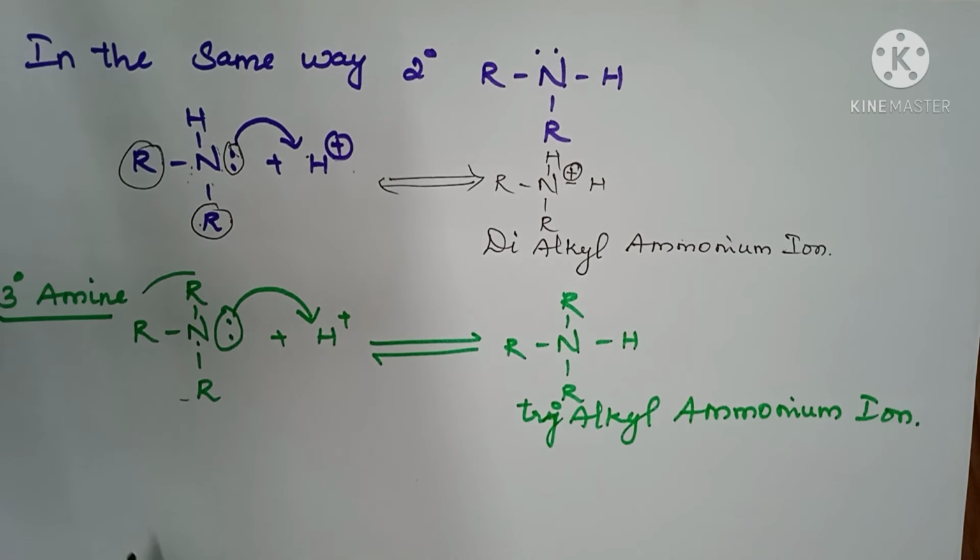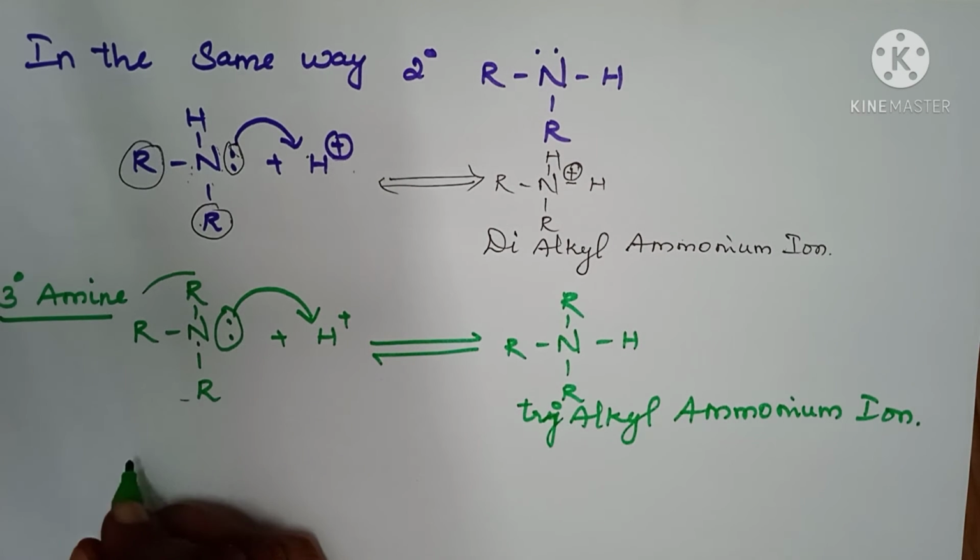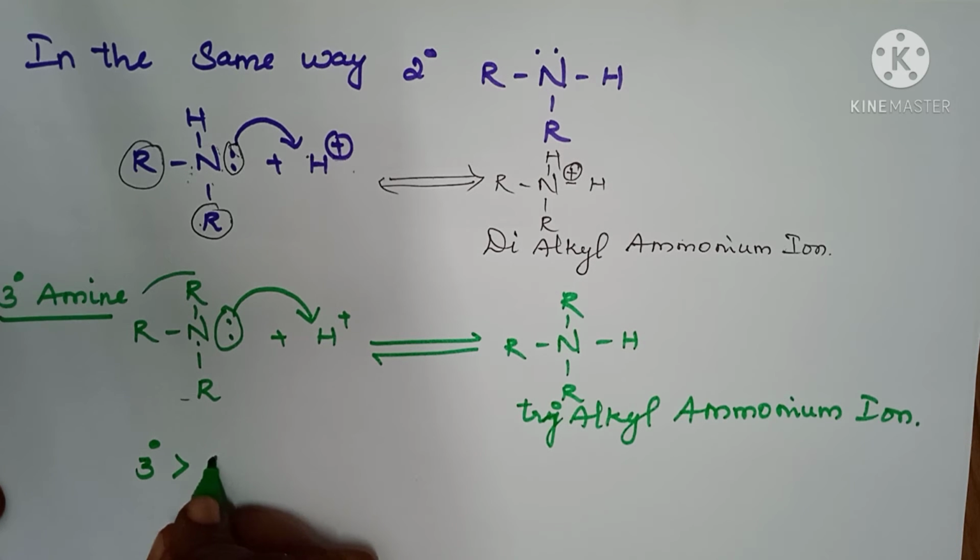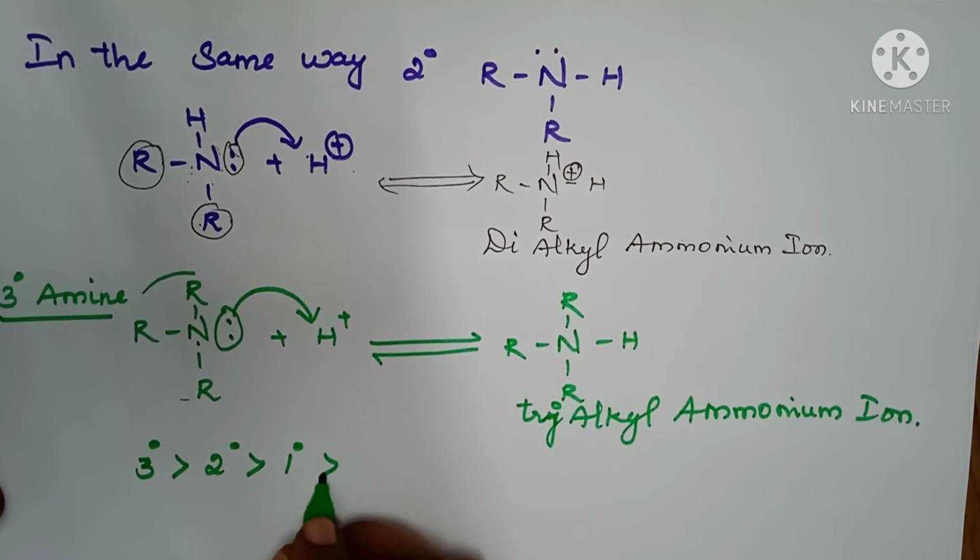Okay, now if we go by the ratio of donating electrons, which is stronger, ammonia or primary amines? Commonly, we are not mentioning whether primary amines are stronger, secondary amines are stronger, or tertiary amines are stronger. We are telling that amines are stronger than ammonia. See, now it is tertiary amines stronger than secondary amines, stronger than primary amines, stronger than ammonia.